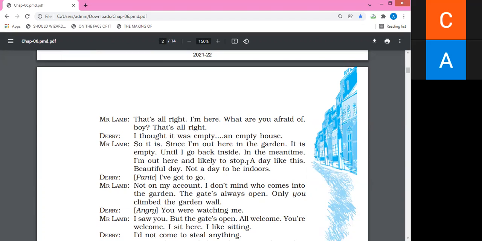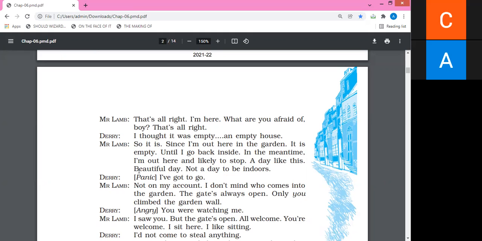The reason he had highlighted that the day was a wonderful day: the weather condition on that particular day was really amazing. So that is why he highlighted that a day like this, a beautiful day, not a day to be indoors. He would never ever like to be inside the house because he was considering that it was really a wonderful day.